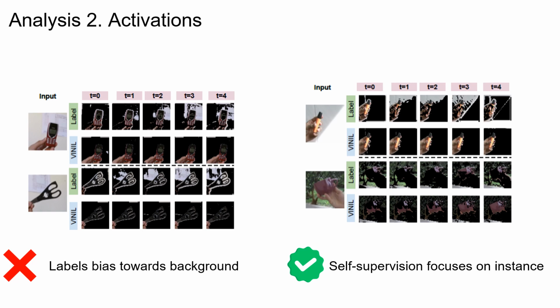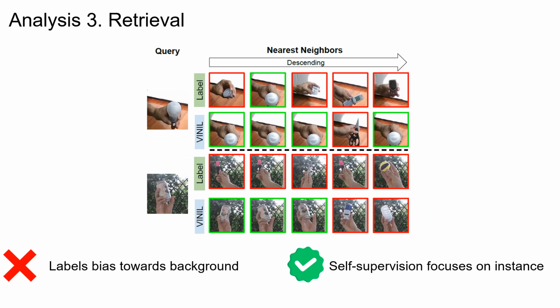To better investigate this, we also perform a retrieval analysis. We basically take the features from the penultimate layer and we look at the 5 nearest neighbors, either with the label supervision or self-supervision via VINIL.